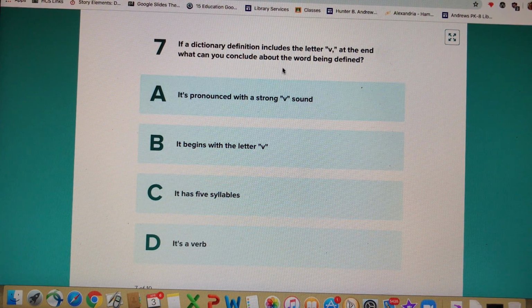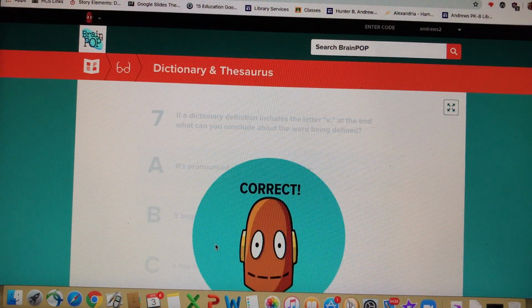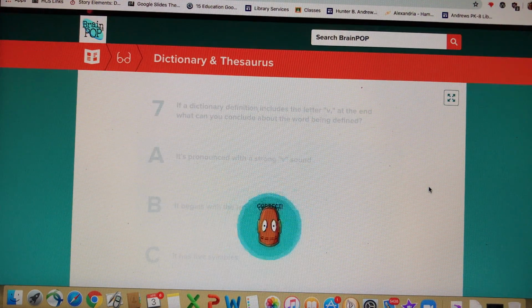Remember, we talked about in the dictionaries, they have the parts of speech. And remember, a V, what part of speech does the V stand for? It stands for verb. Good job. Action word.